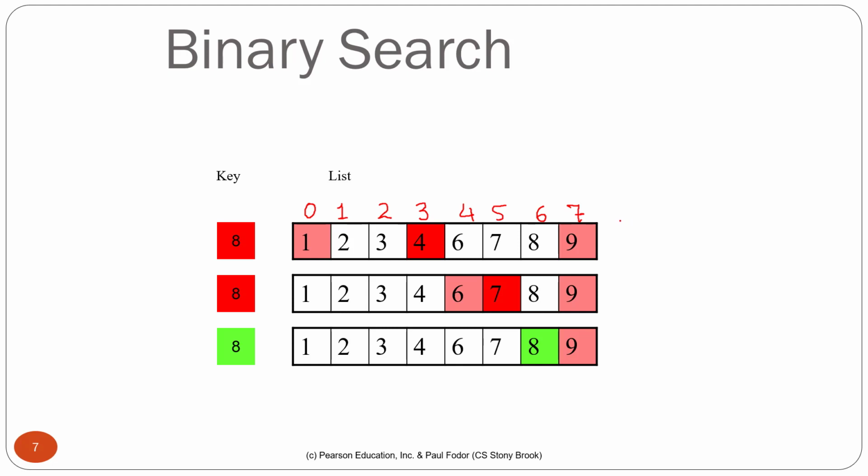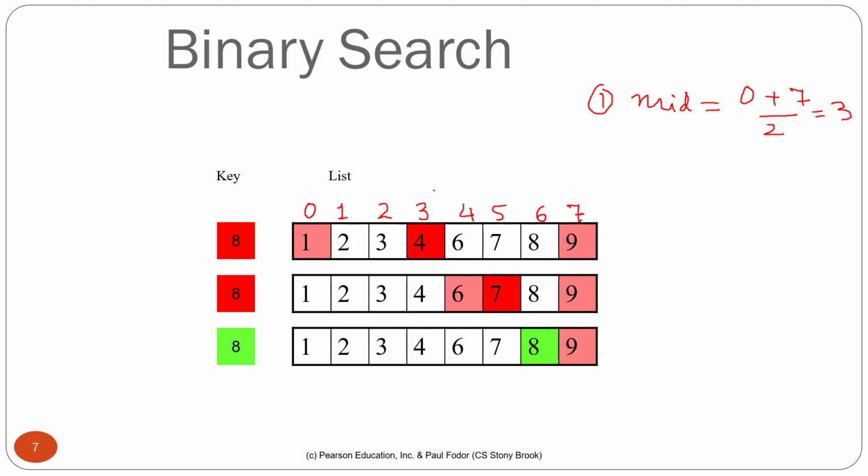As I said, in binary search we always start with the middle element. So 8 is the key which I need to find. I should compare 8 with the middle element. Now how do I find the middle element? In the first stage, the lowest index is 0, the highest index is 7, 0 plus 7 by 2, which is 3.